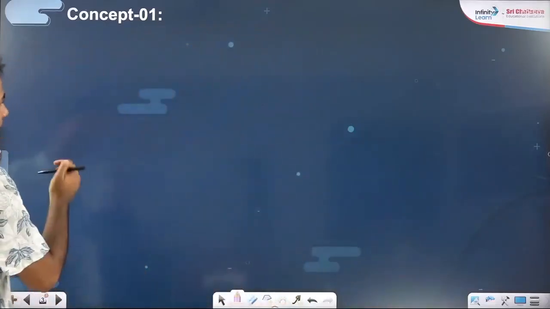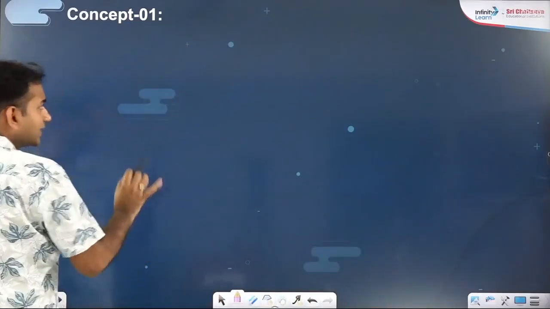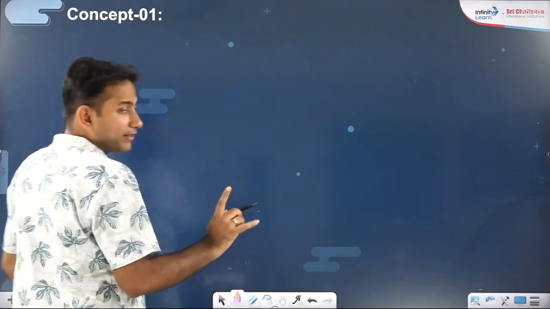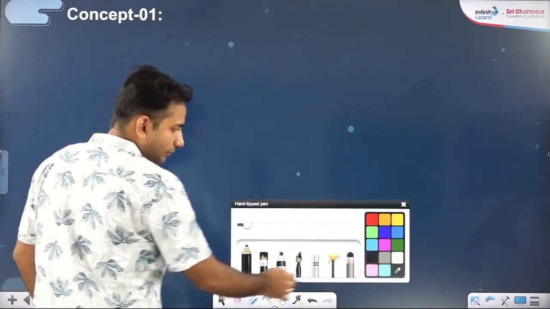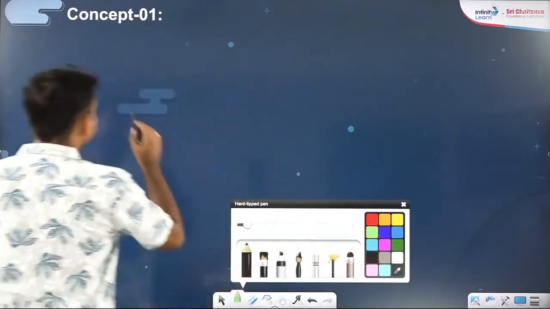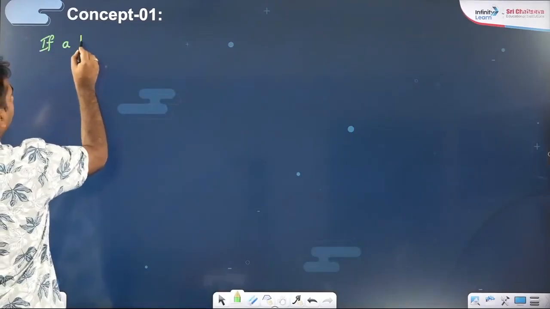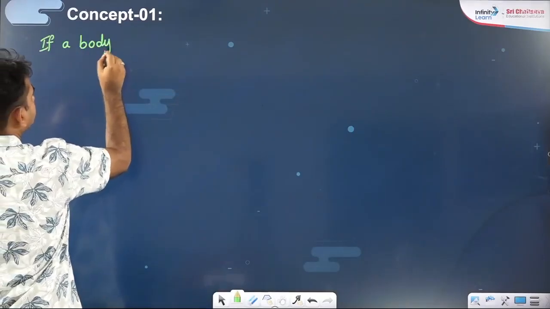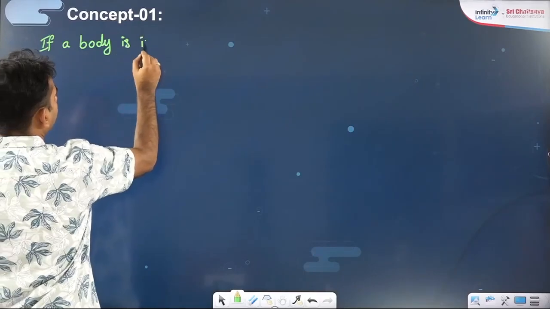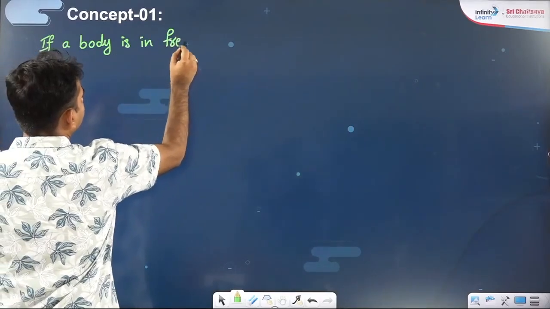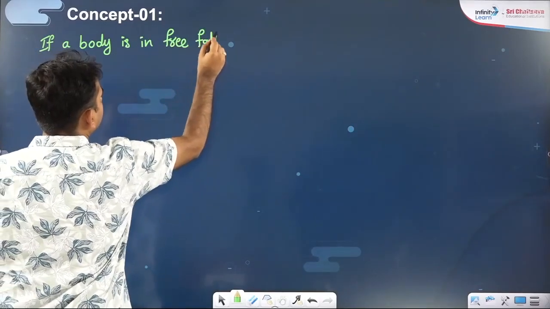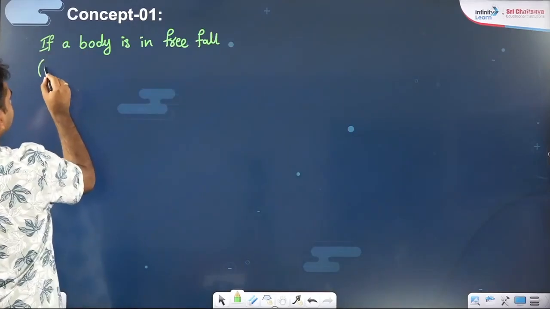Okay. So concept one. In case of free fall, Galileo's formula is applicable only in case of free fall. So we will say that if a body is in free fall, that is, what are the conditions?